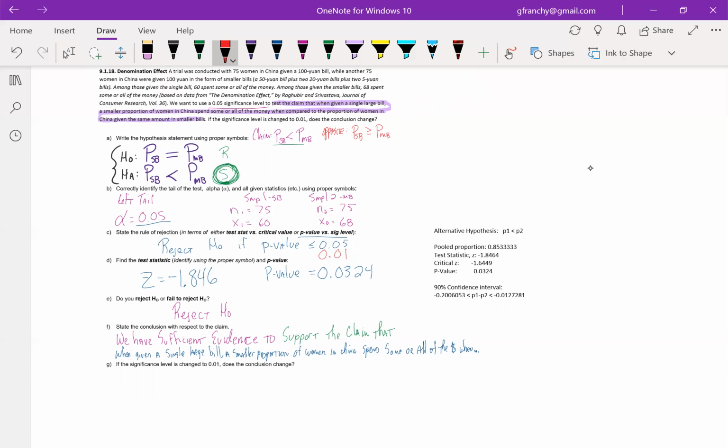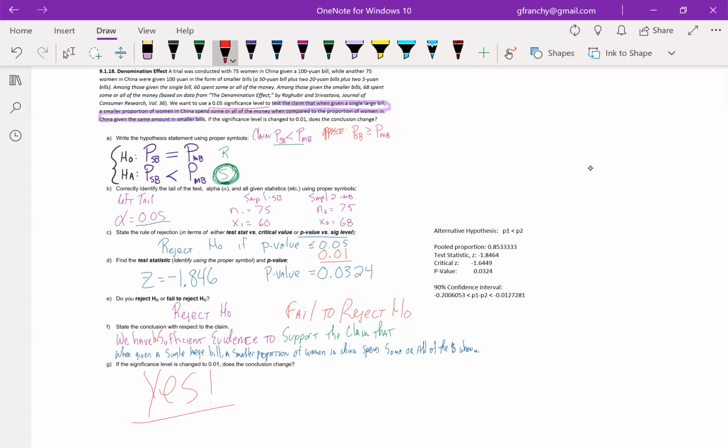In this case with the 0.01, we would end up failing to reject the null hypothesis. And then over here, we would say we don't have the evidence to support the claim. So did our conclusion change? Yes, it did.